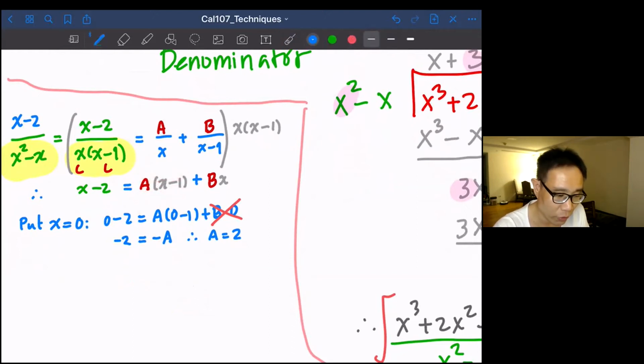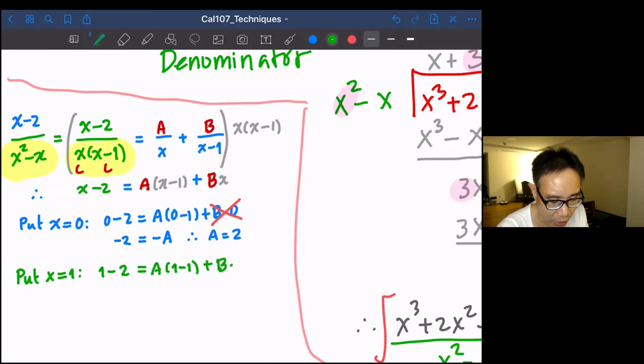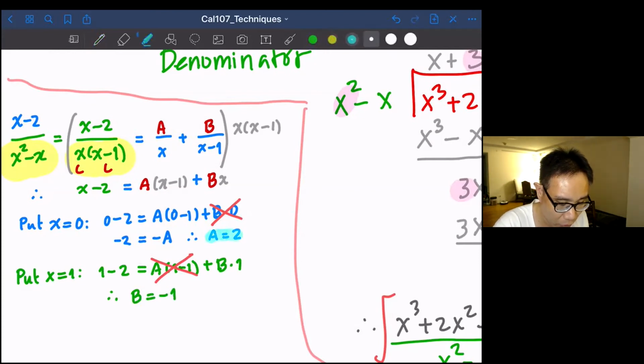So you would get 1 minus 2 equal to a times (1 minus 1) plus b times 1, and this term disappears. So you just have b equal to -1, and a equal to 2.